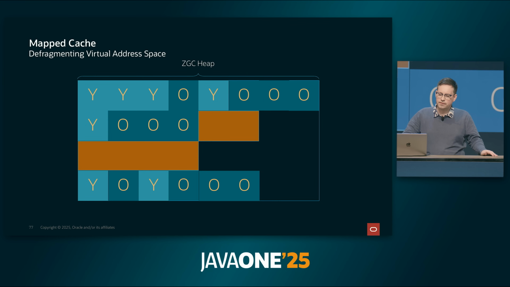The result of that, and additionally some defragmentation from the GC, is that the number of holes in the virtual address space is reduced a lot, which means that we're using fewer mappings. So this is great. This allows us to use a whole lot fewer mappings, and you're less likely to run into this configuration problem.